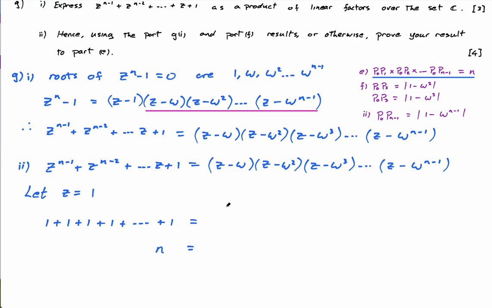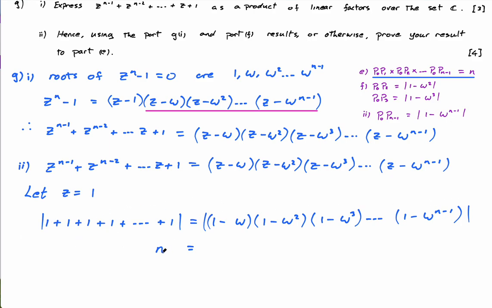And if I let z equal 1 here, I'm going to get 1 minus omega times 1 minus omega squared times 1 minus omega cubed all the way to 1 minus omega to the n minus 1. Now, what we're going to do is get the magnitude of both of these.